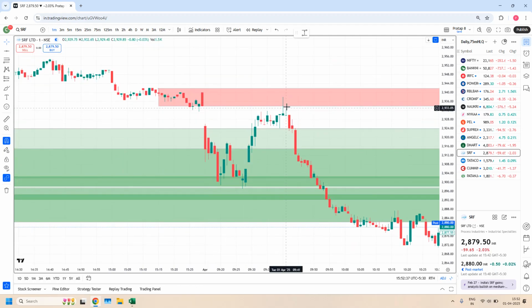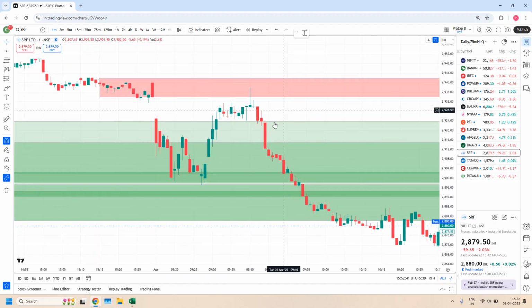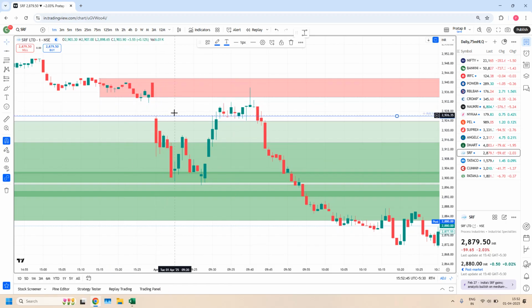And finally it reached the 15 minutes target. I know some of you might have exited the trade here because the gap started. Sometimes you know what happens in the gap area, order flow is very strong, it will push the market down.